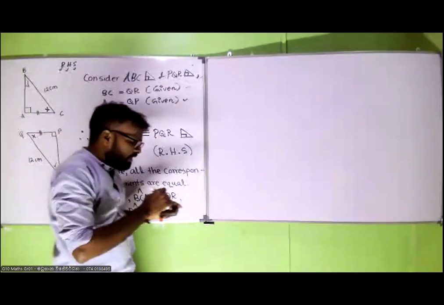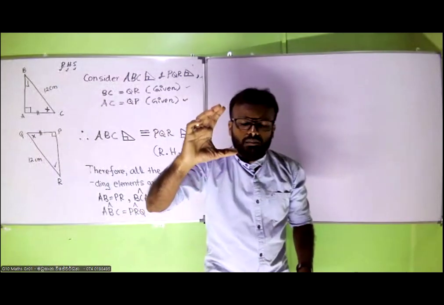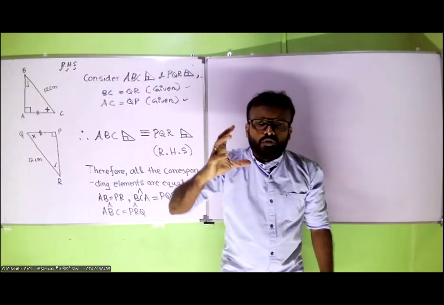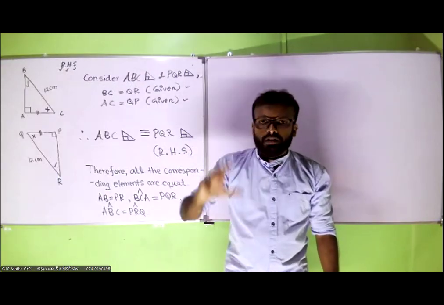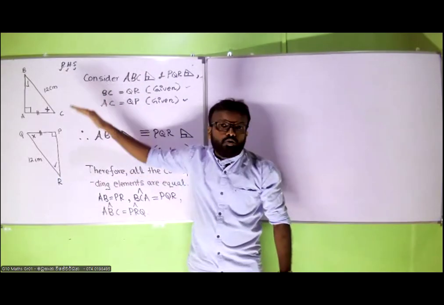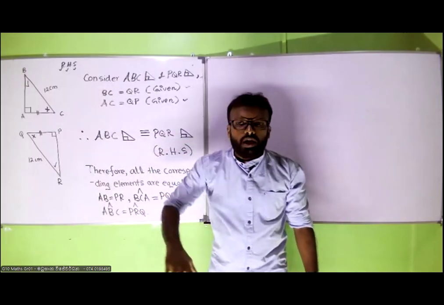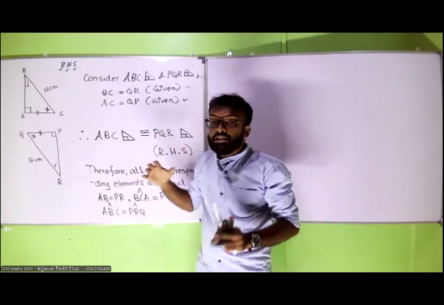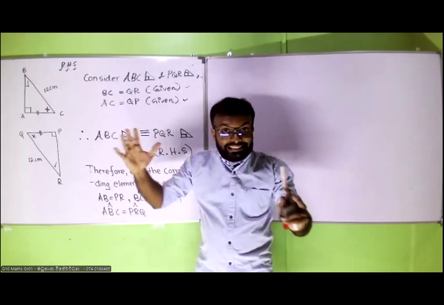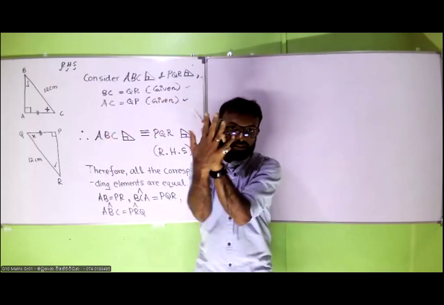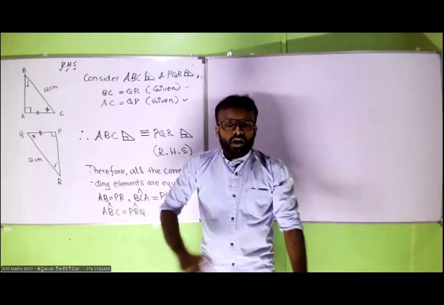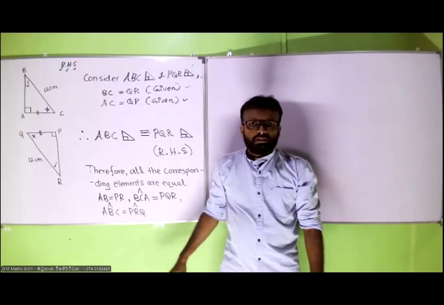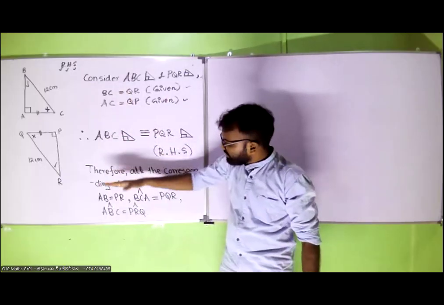The thing that you need to know is, if any two triangles are congruent to each other, exactly coincide with each other, then all the rest of the elements are equal.